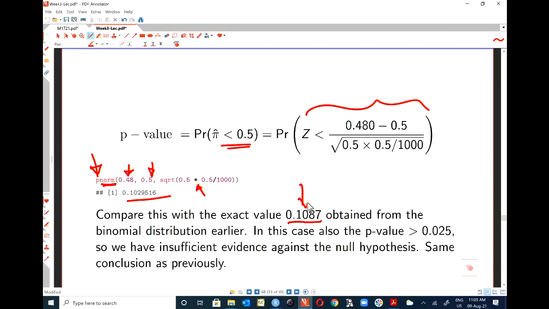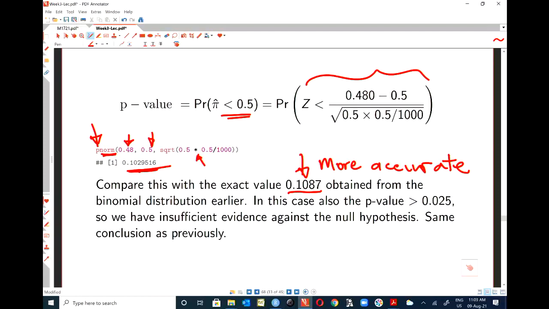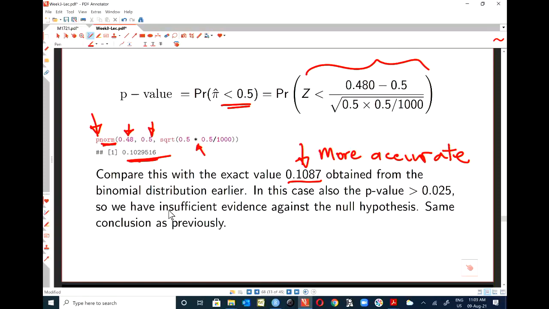You can see this is not very far from that, although the binomial is more accurate. But in the scheme of things, it's accurate to the first 2 or so decimal places, and the conclusion is the same in any case. The p-value is still going to be bigger than 0.025, so there is insufficient evidence against the null hypothesis.